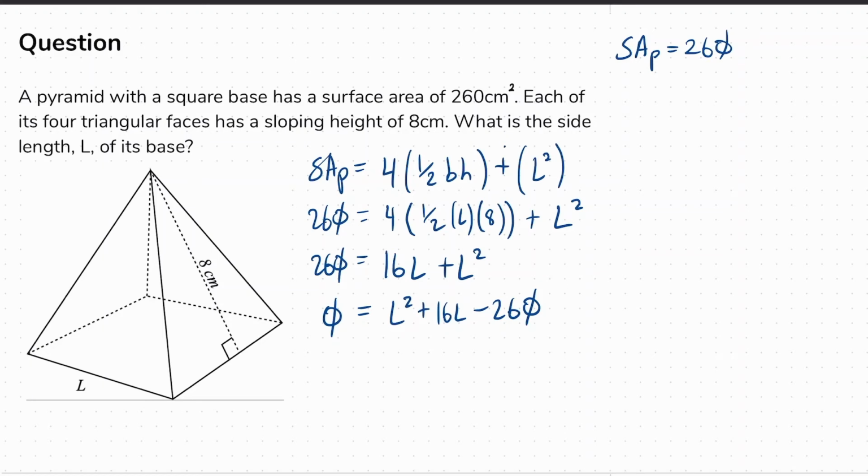What am I doing now? I am looking for factors of negative 260 that sum to 16, or positive 16. So actually I can immediately see what the answer is. But if you're not sure, I recommend starting with 2 times 130. Don't worry too much about the negative just yet. 2 times 130, that would be 4 times 65.